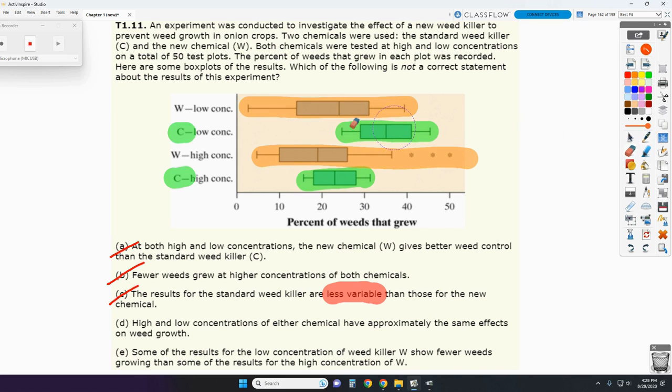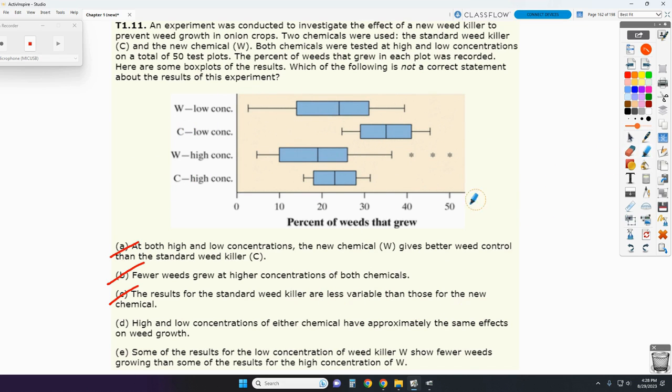D. Let's clear this off now. High and low concentrations of either chemical have approximately the same effects on weed growth. So does it look like these 4 box plots are really showing the same effect? Or do you believe some of these are better than others, that there actually is a difference in these?